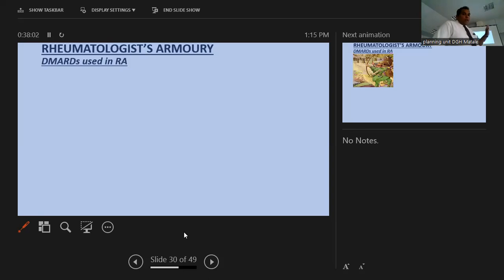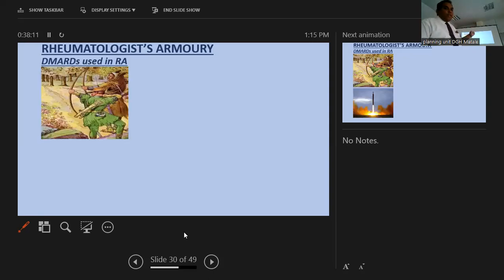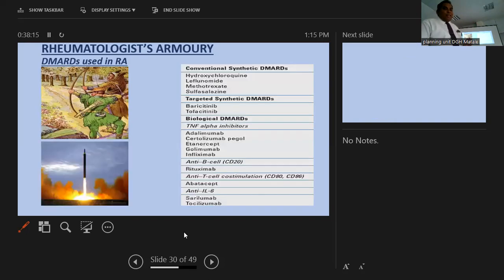Now, the most important part from a rheumatologist's point of view is not the steroids or NSAIDs, it's the DMARDs. So when it comes to the rheumatologist's armory, we have a vast armory with different weapons. We have the conventional DMARDs, which include hydroxychloroquine, leflunomide, methotrexate, and sulfasalazine.